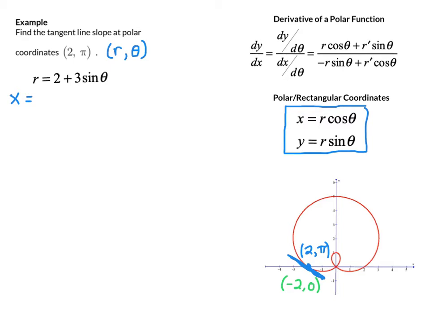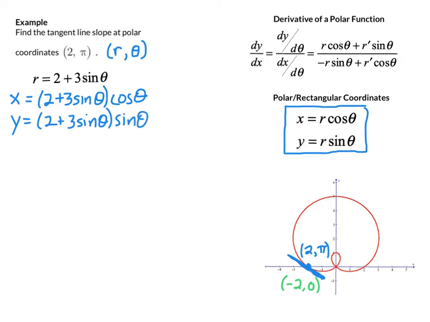So if I go ahead and do that, my x component in parametric form is going to be r, which is the function itself, 2 plus 3 sine theta, times the cosine of theta, and then y is equal to 2 plus 3 sine theta times the sine of theta.